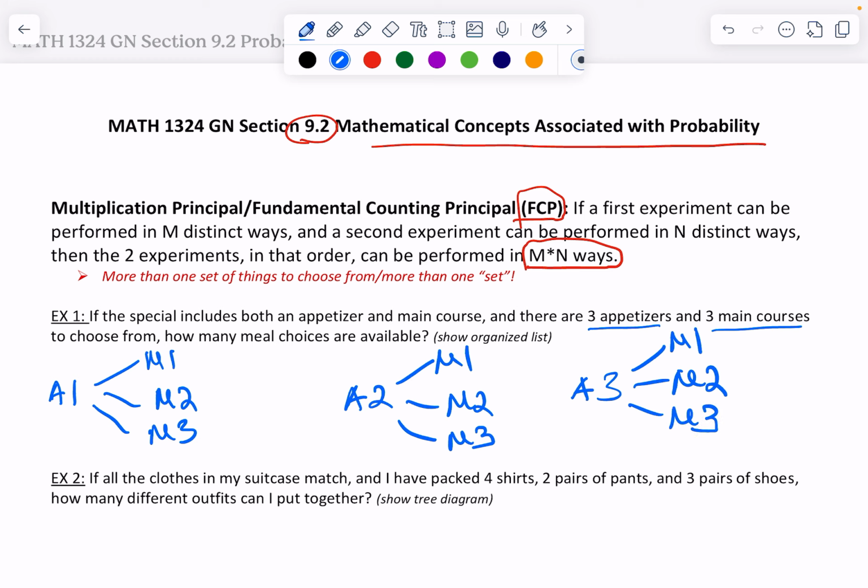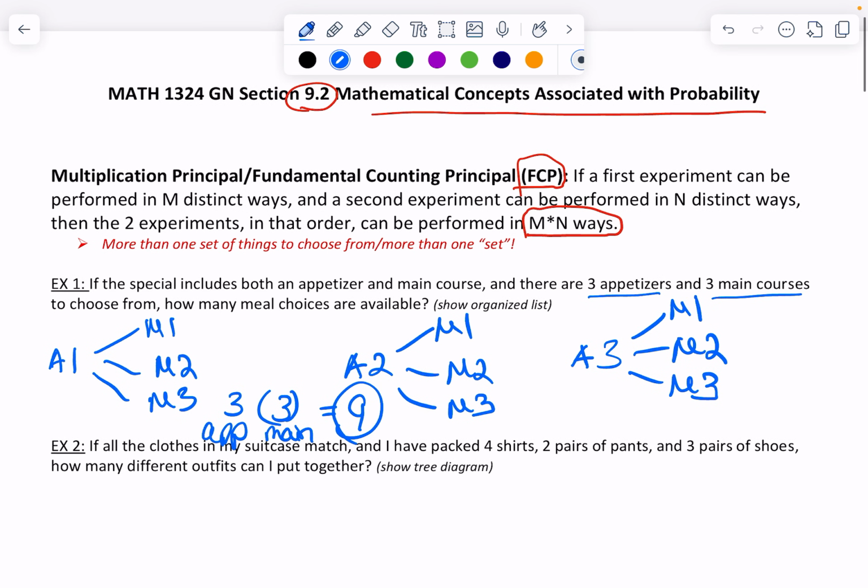Okay, so we have 3 appetizers and 3 main courses. 3 times 3 gives us 9. This says show an organized list.